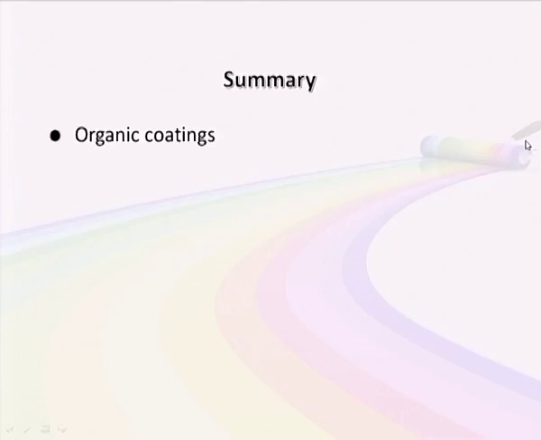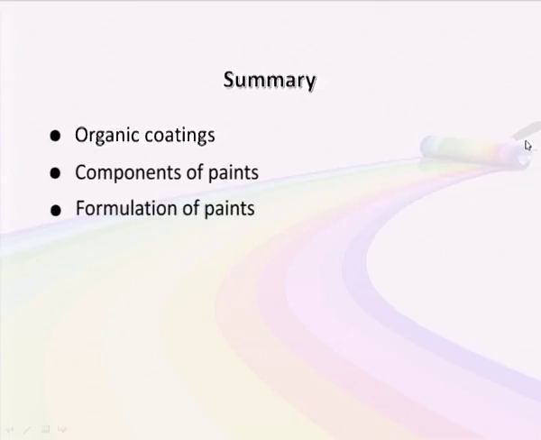Now, we will revise whatever we have learnt so far. In this episode, we learnt about the most important type of organic coating, that is paint. Its various components, vehicle, pigment, thinners and many more. We also learnt about formulation of paint, how we can improve the life of a paint, what should be the proper proportion if we want to get proper performance from a paint.